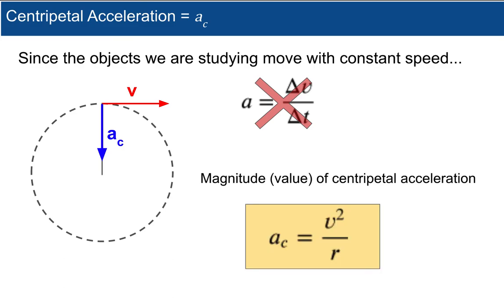And it is calculated by taking the speed squared and dividing by the radius. So the faster something is traveling, the more acceleration is needed. And the bigger the circle, the more gradual the motion, and so the acceleration is smaller. Both of these formulas are on your formula sheet, the two that are in yellow. It's been updated.